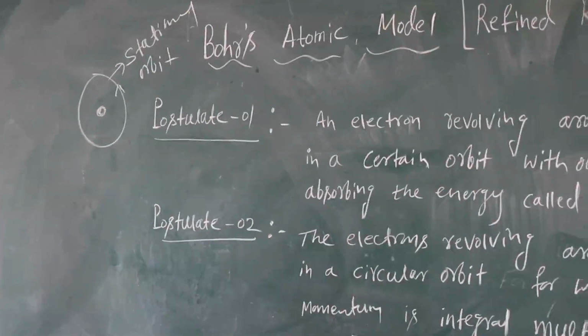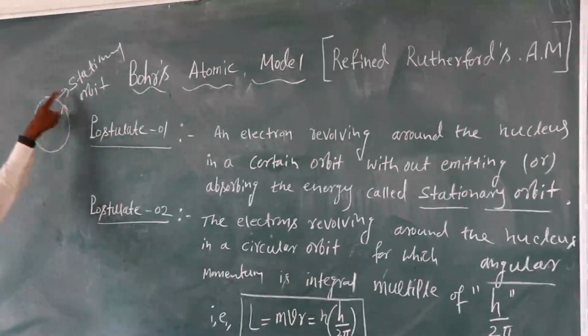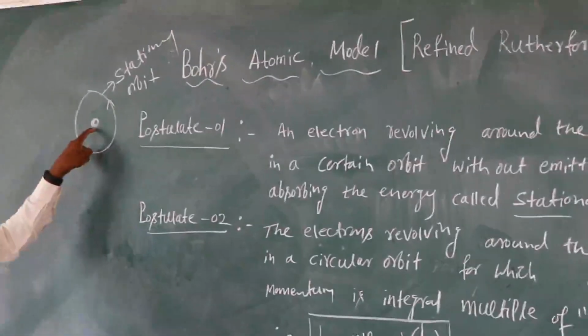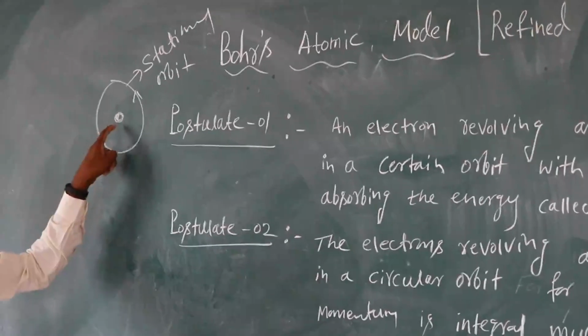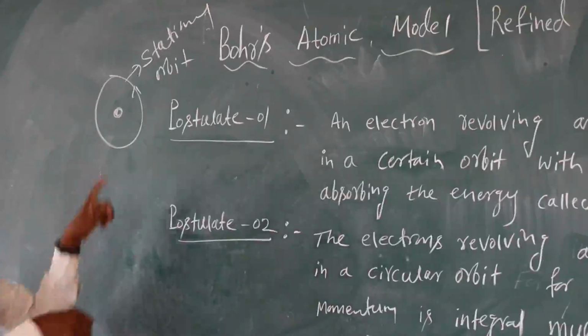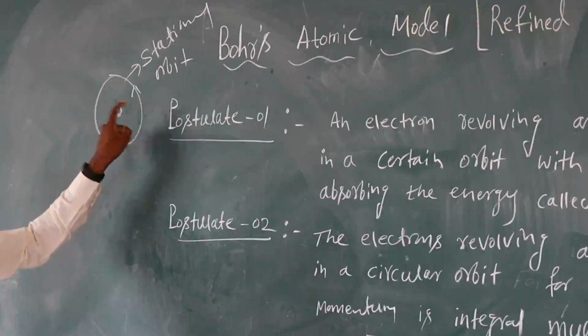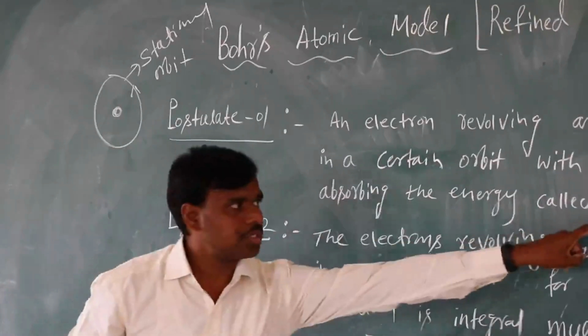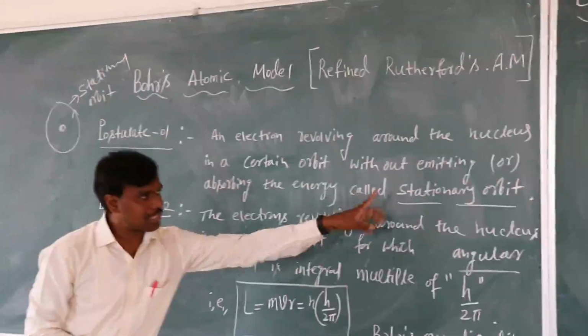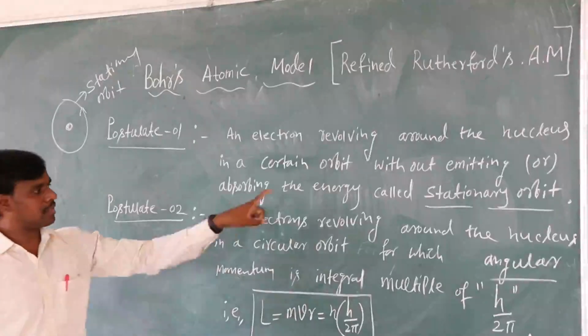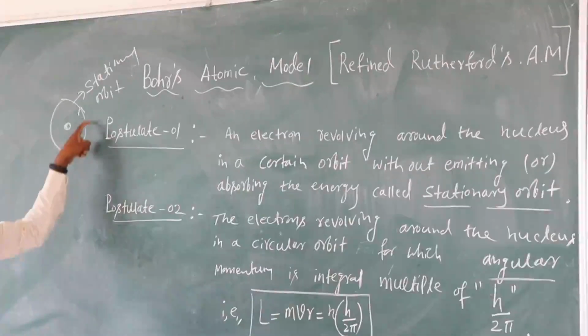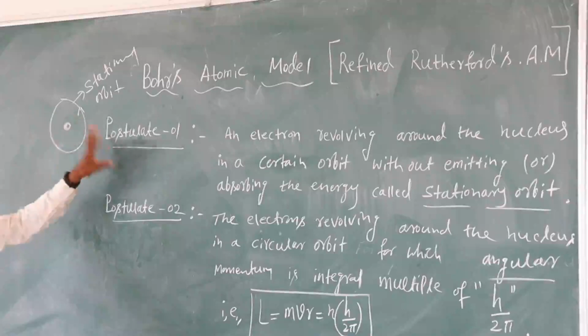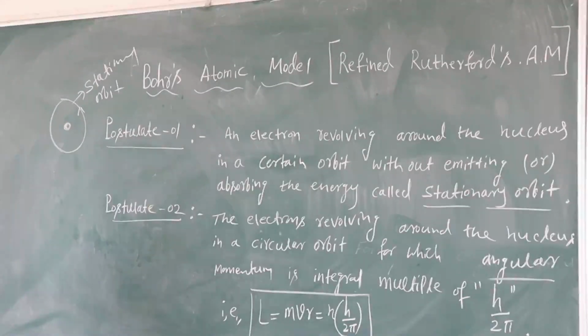Once again I repeat, an electron revolving around the nucleus without emission or absorption of energy, that orbit is called a stationary orbit. Here, what is meant by stationary orbit? It is a certain orbit in which the electron revolves without emission or absorption of energy.